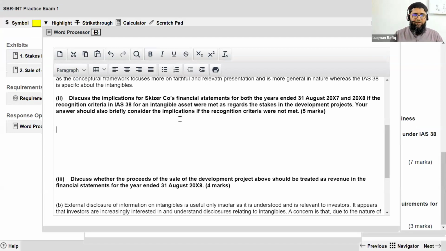Now see what happens is that if the criteria for the recognition of the intangible asset is met, I repeat, if the criteria for the recognition of the intangible asset is met, then it should be recognized.